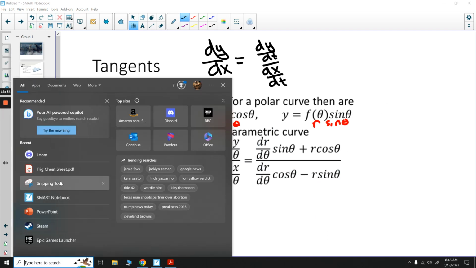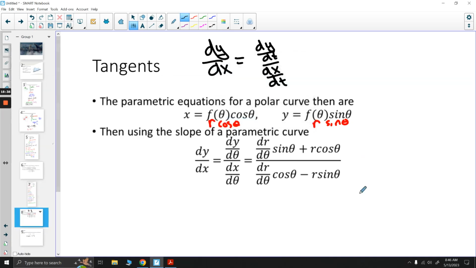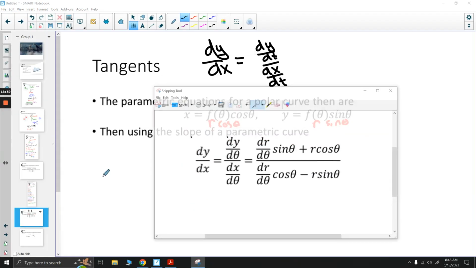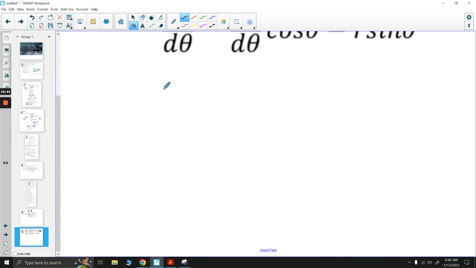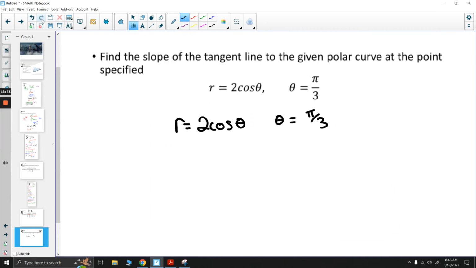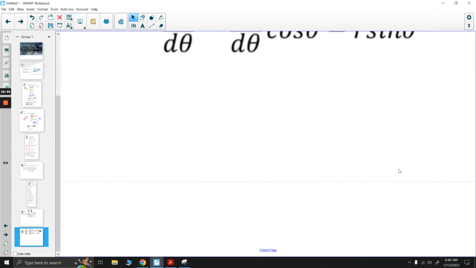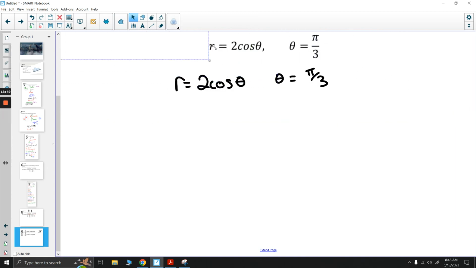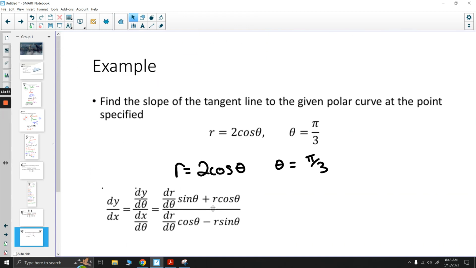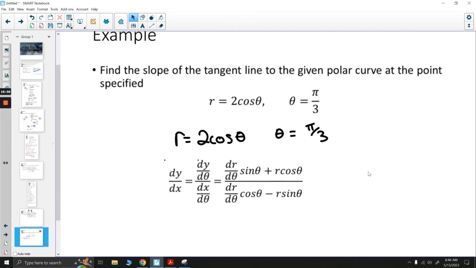I'm going to go ahead and snip it just to make our lives a little bit better and bring it onto the other page. Oops, let's shrink this since it's obnoxiously large here. Okay, so we're going to use this thing here.